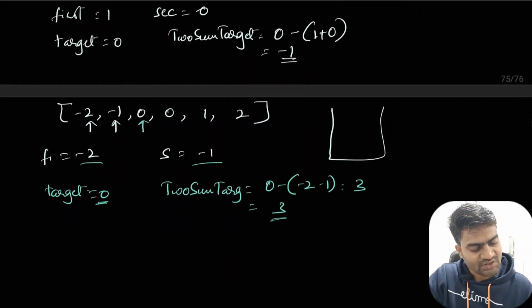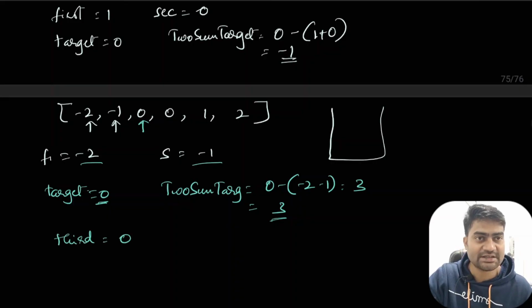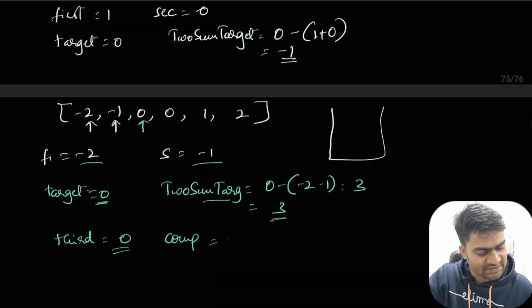So now I will take 0. I will start here. This is my third number, so the third number is 0. Now the remaining number, which is the complement of the third number, will be the two sum target 3 minus the third number 0, which is 3.